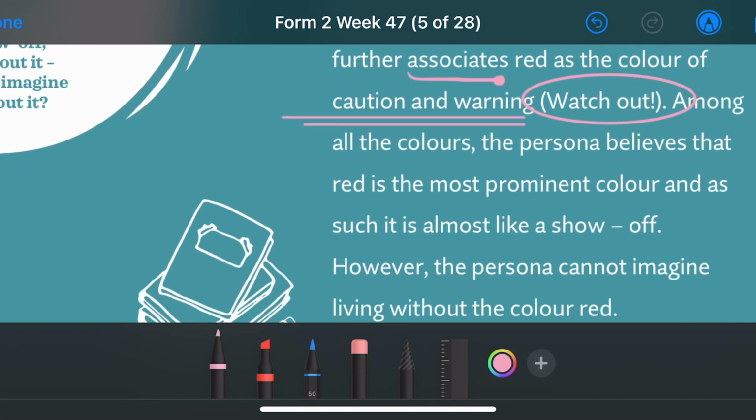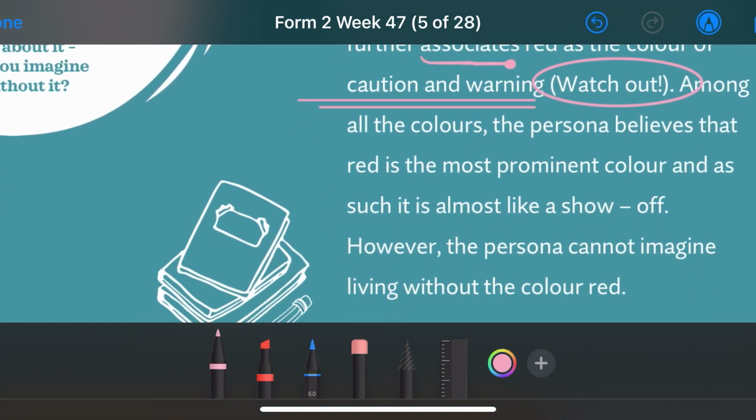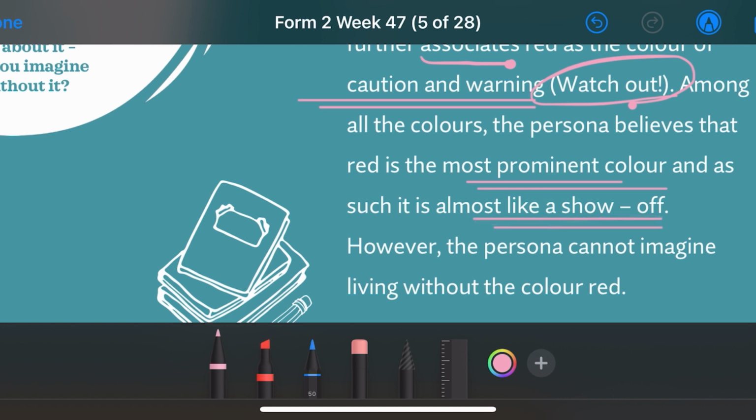Okay, dalam banyak-banyak warna, among all the colours, the persona believes that red is the most prominent colour, and as such, it is almost like a show-off. Okay, persona ni juga cakap betapa pentingnya warna merah ni. Okay, dan dia juga kadang-kadang sampai kita rasa macam warna merah ni macam sombong lah, berlagak lah sikit.